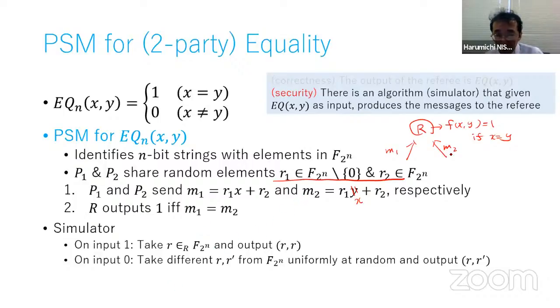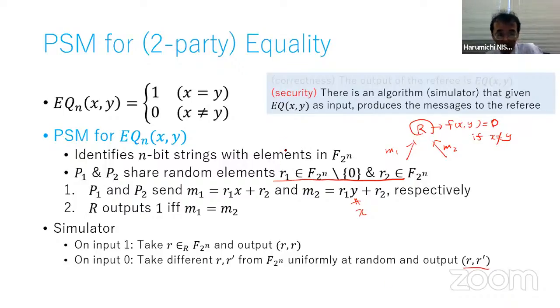On the other hand, if f(x,y) is 0, then x and y are different, so the messages must be different. So the simulator on input 0 outputs two different random elements.